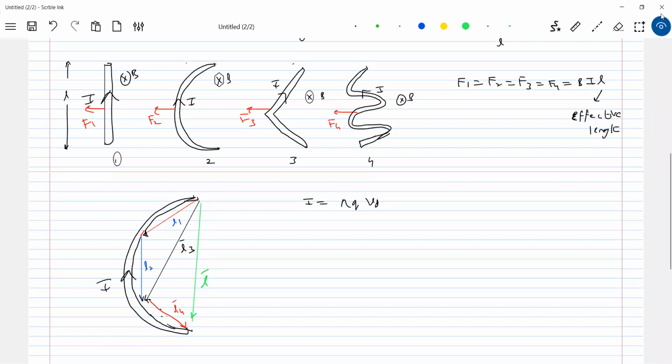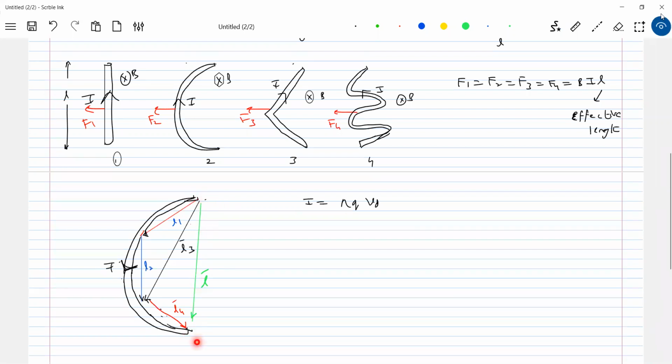Or when it moves from here to here. Anyway, I think I'll change the direction of current. Okay, no. So when the charged particle moves from this end to this end, how does it move? It will move in a curved path. But the effective length traversed by it is L bar.